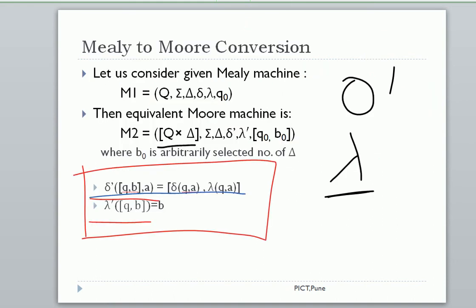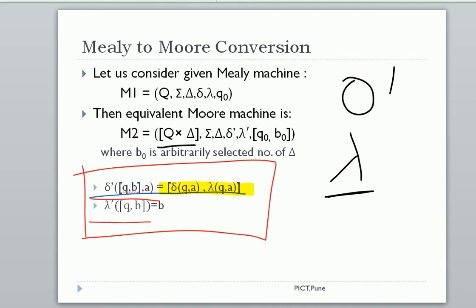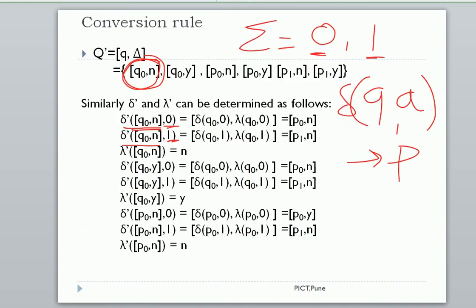Next is delta, or you can highlight it. This is what we are going to use in the next part. Here you will get the same thing. I'm just putting the values. Delta Q0 on 0 and lambda Q0 on 0. Delta Q0 on 0, what is that?